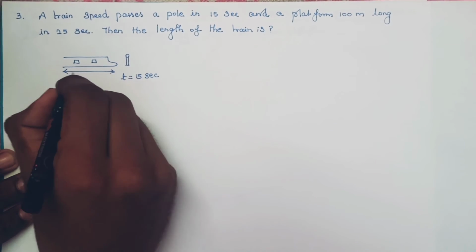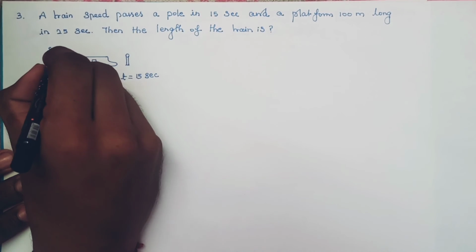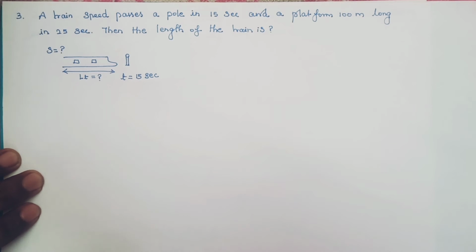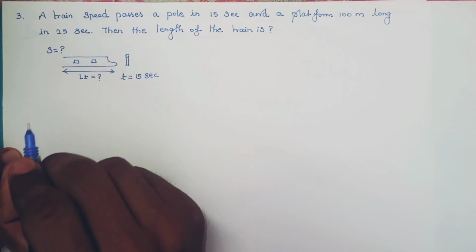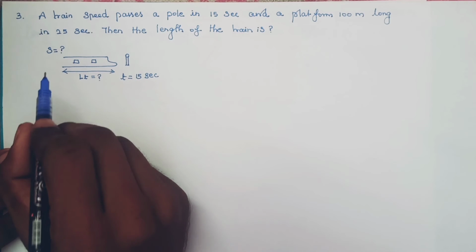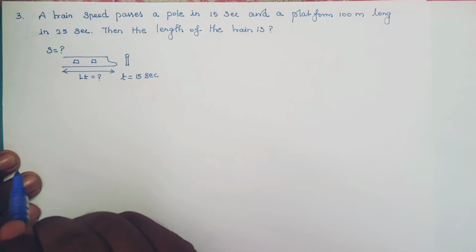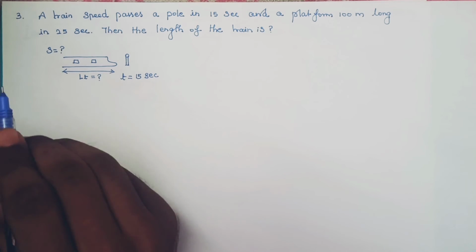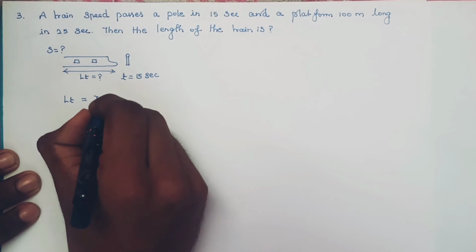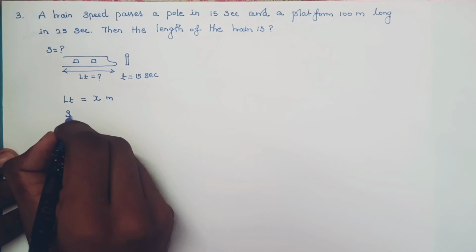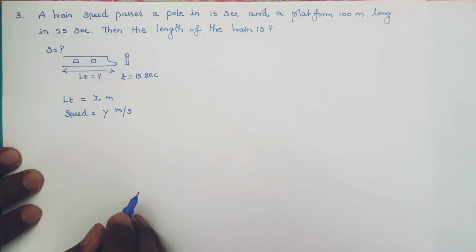Here, length of the train we don't know. At the same time, speed also we don't know. In the previous question they gave two values and we found the third one using the point method. But here they have not given the two values; we have to find both. So we assume length of the train as x in meter and speed of the train as y in meter per second.